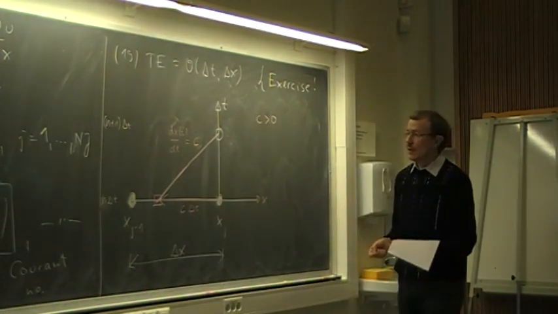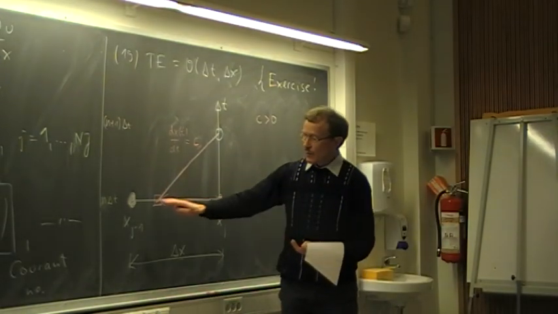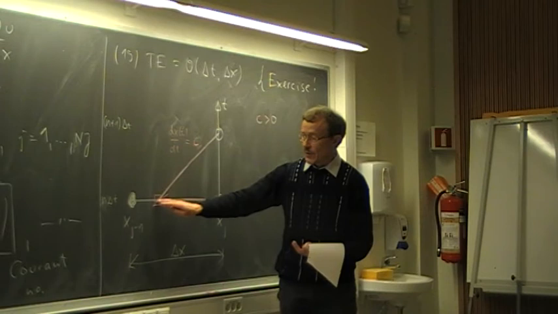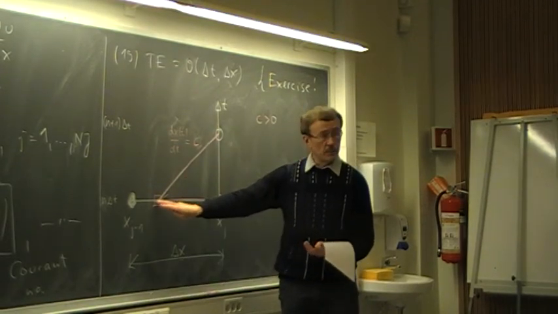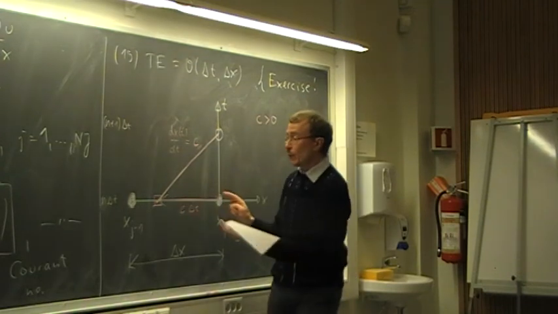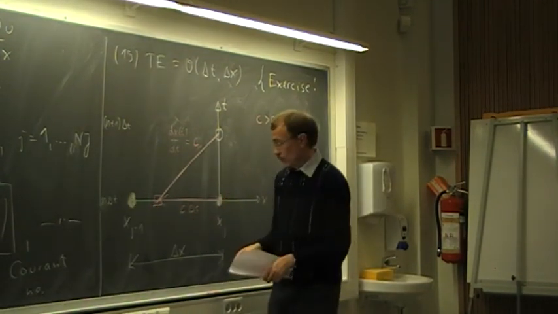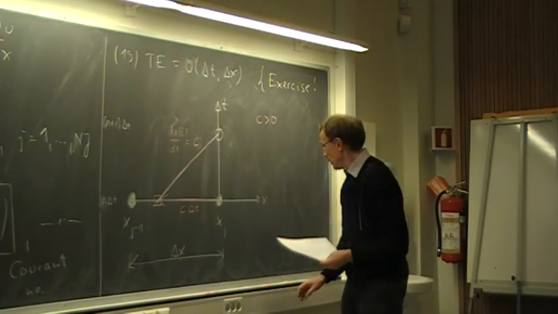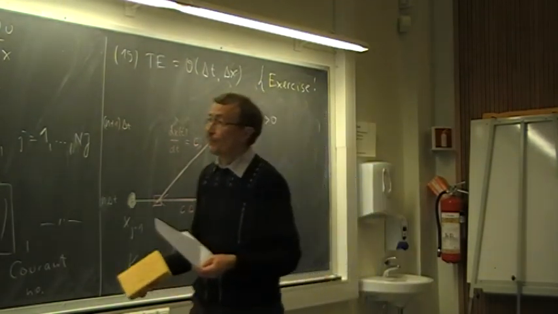That is to say that the exact domain of dependence regarding this point should be within the interval x_{j-1} and x_j. That is what we require, such that our scheme makes sense.